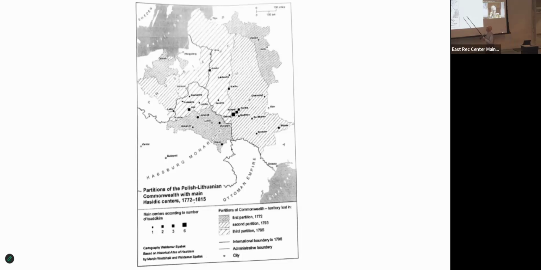So all here is where Jews lived and where Jews came from when they came to America. Even if they called themselves German, even if they called themselves Austrian, for instance, one of the most famous Austrians you know is Sigmund Freud. Well, Sigmund Freud lived in Vienna, but his family lived in Galicia.